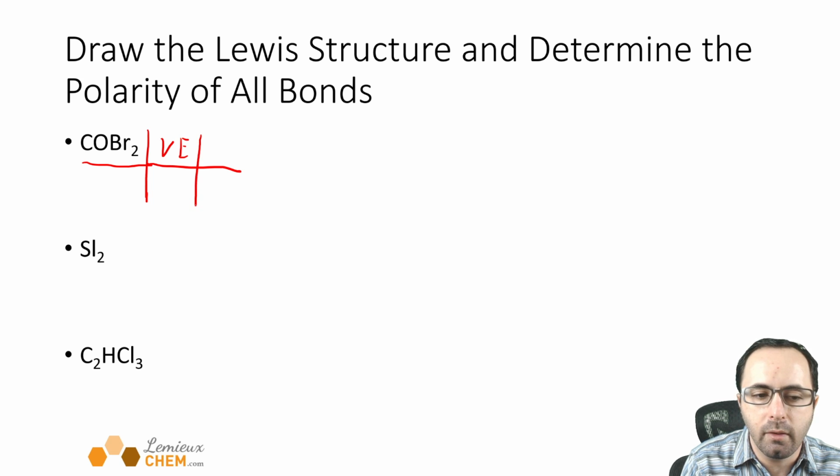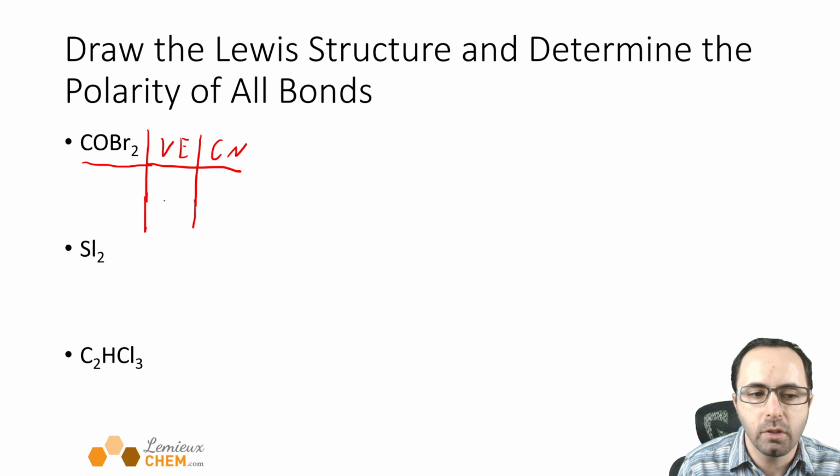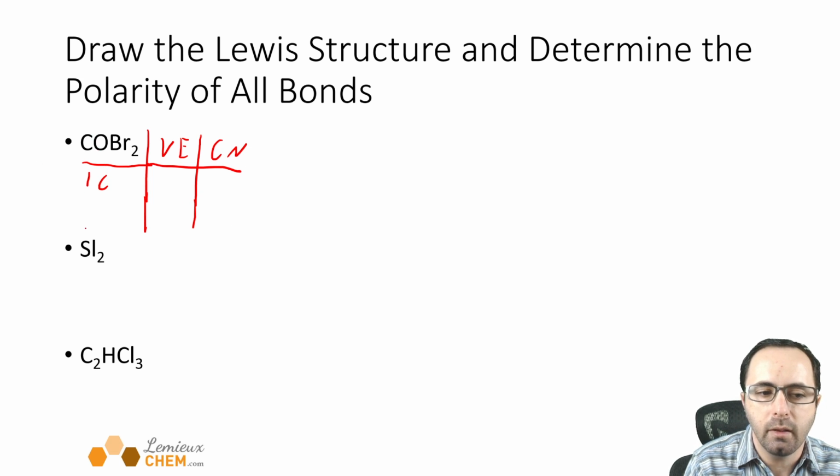So we've got to count the valence electrons. That's always the first step. We've got to determine the covalence numbers. We've got one carbon in this molecule, one oxygen, and two bromines. Carbon is group 4 in the periodic table, so 4 valence electrons.